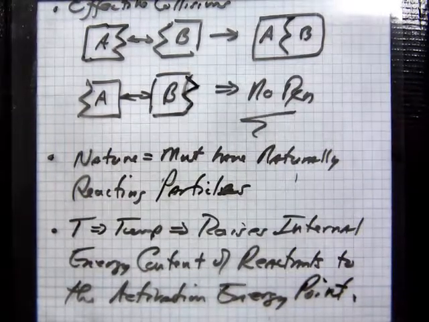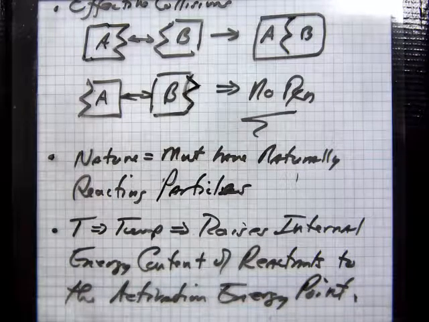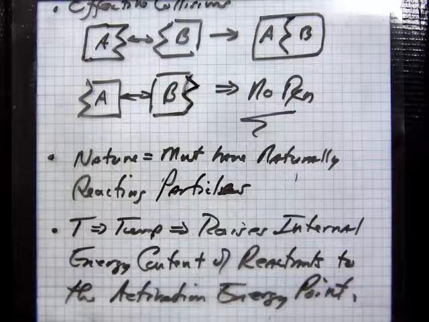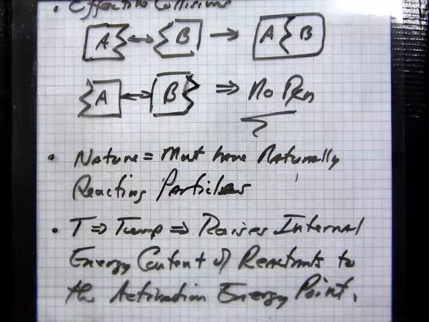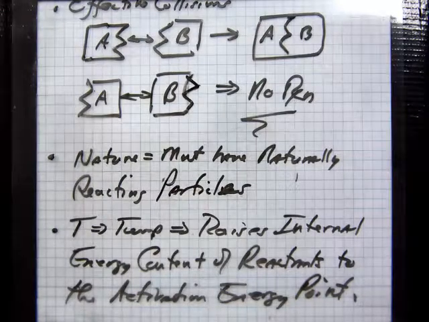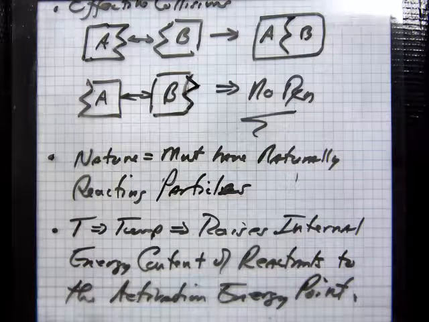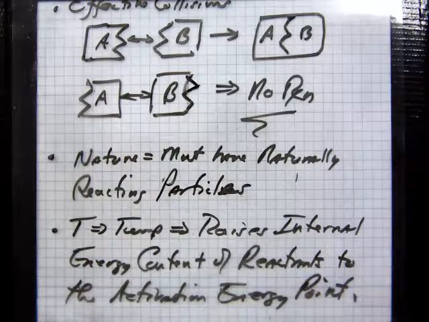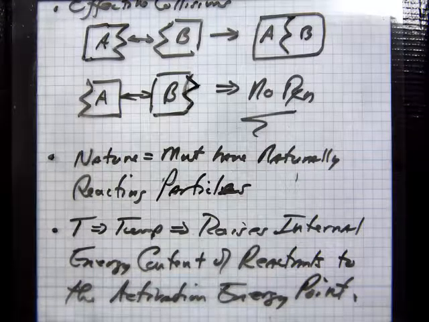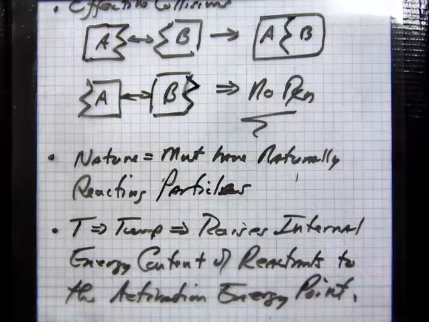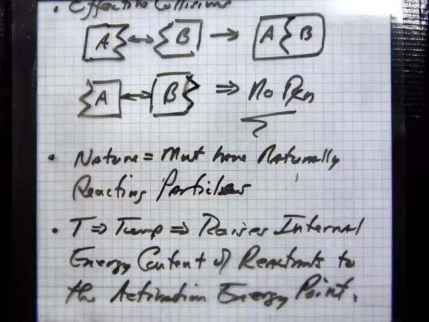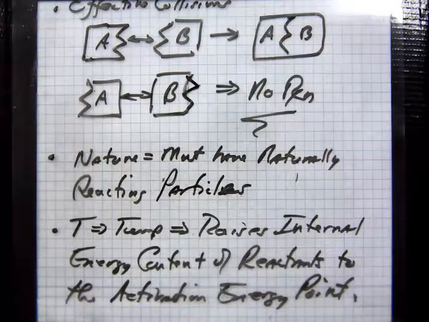So if you've got a collection of particles you want to react in a container, they're at temperature 1. Will they react? Well, maybe not. But if you heat them, the energy of the particles goes up, pushes them past the activation energy, and all of a sudden they go through their magic dance and we make products. And so that's the essence of what I'm talking about here.